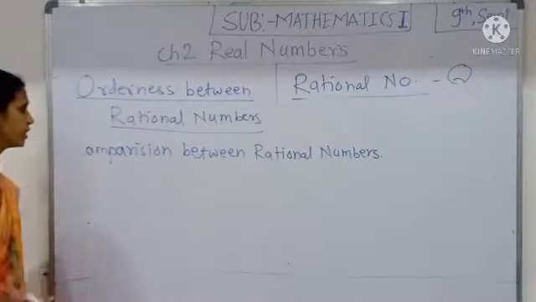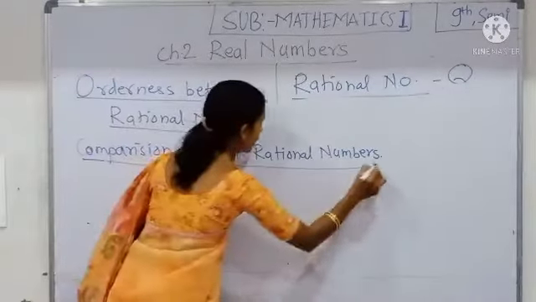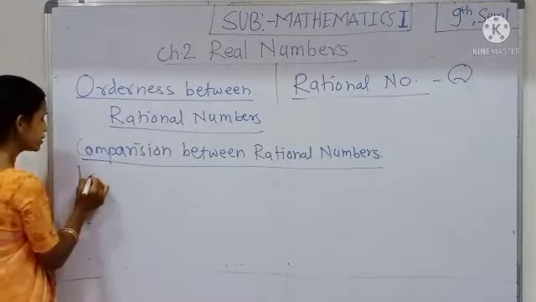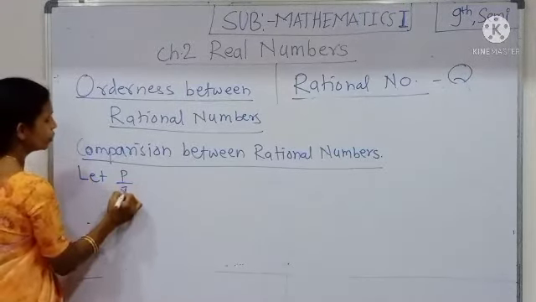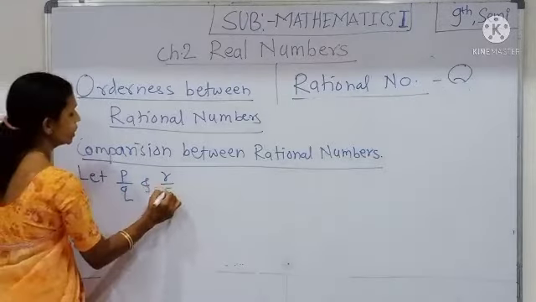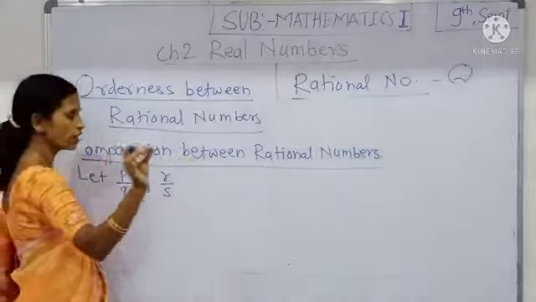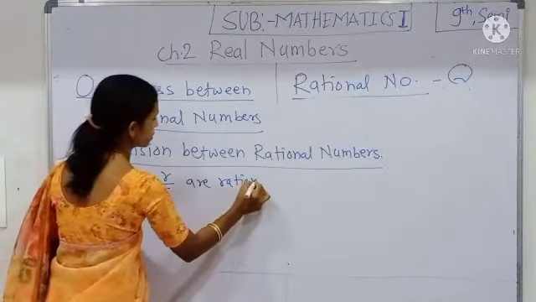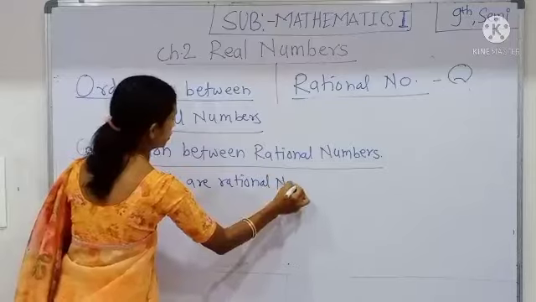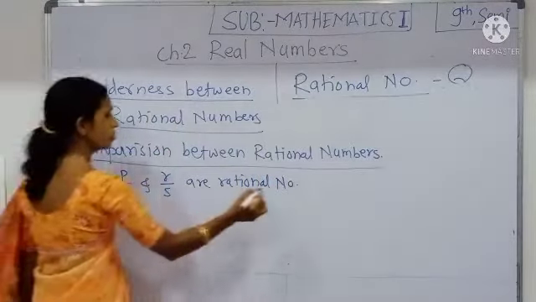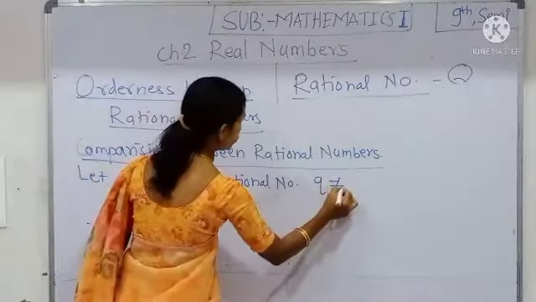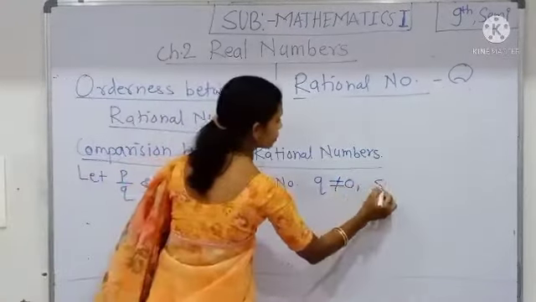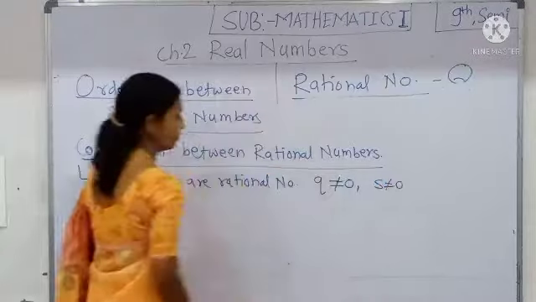Then see here how to compare rational numbers. Let us consider P upon Q and R upon S are two different rational numbers, where Q should not be 0 and S should not be 0.